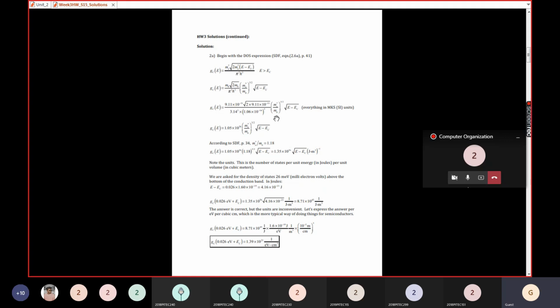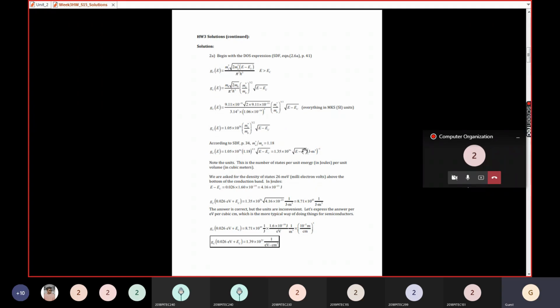What you have to do now is calculate the value of E minus EC as well as Mn divided by m naught. Already I have told you in the C part as well as in the D part, the value of Mn is equal to 1.18 into m naught. That's what they have substituted here. They have found the value as 1.35 into 10 to the power 56. Now we need to find the value of E minus EC. That's all.